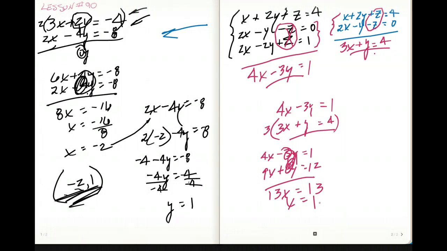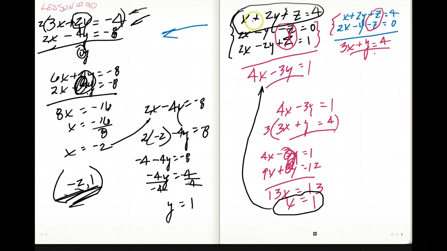But now I have to go back and start plugging numbers in. What I need to do is I need to take this 1 and I need to go up to an equation. Doesn't matter which one, but I want to pick an equation that has two variables so I can find my y. I mean, if I picked one of these problems up here, like if I would have picked this one, I plug 1 in and I've got a y and a z. Can't solve.